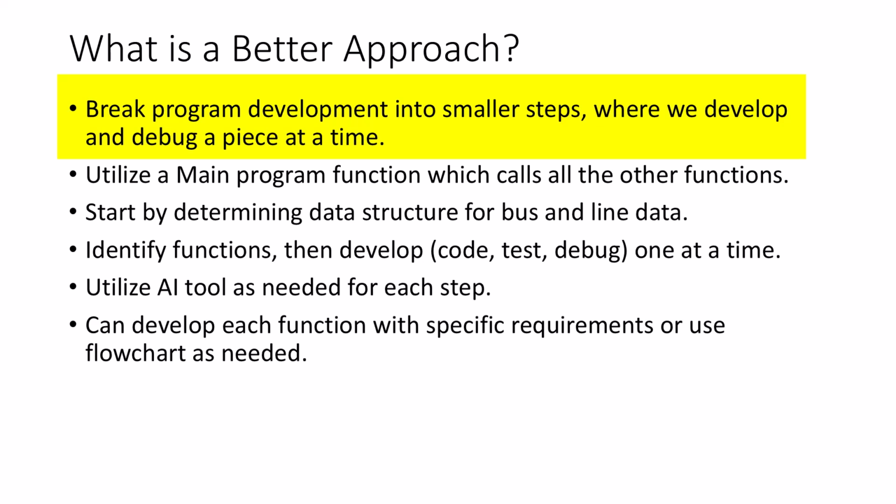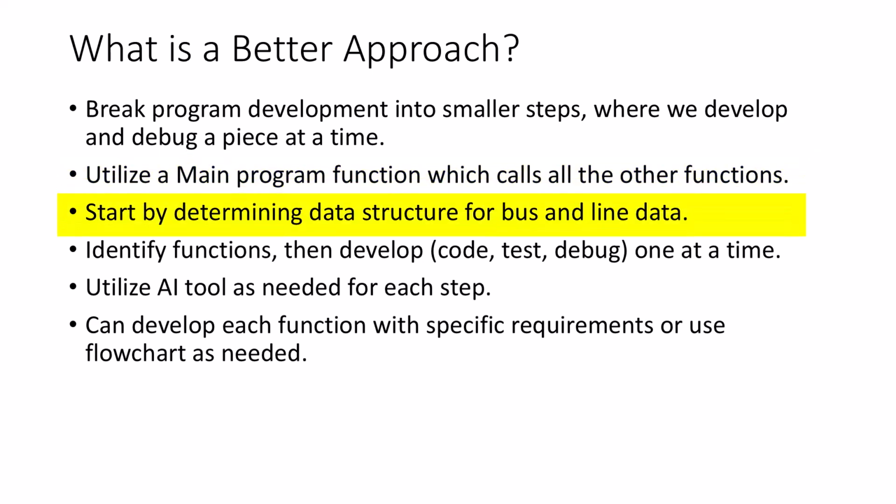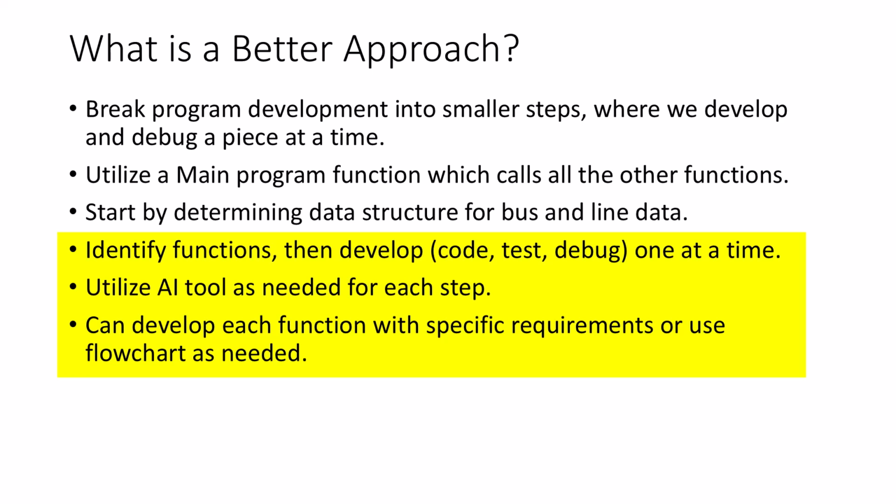In this approach, we start with defining a main program that calls the various power flow functions. We start with defining an appropriate data structure. Then we develop a plan for the functions we will need, which will then be specified and developed one at a time. Let's take a look at how we can improve on our first example.